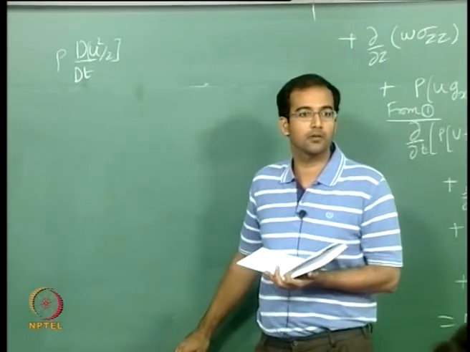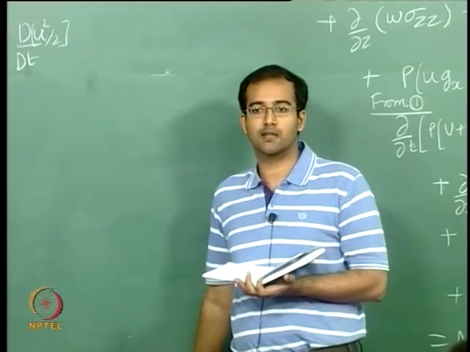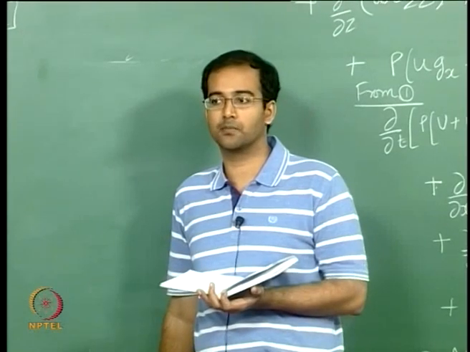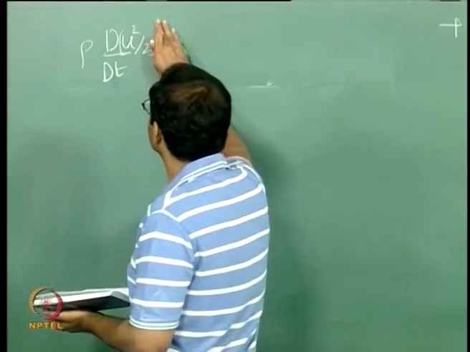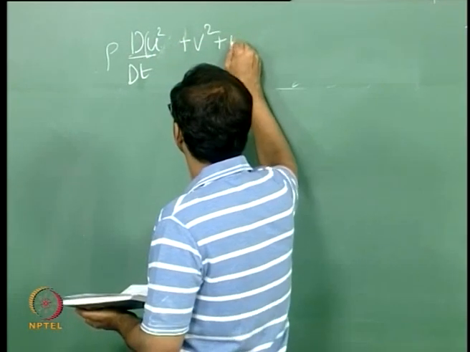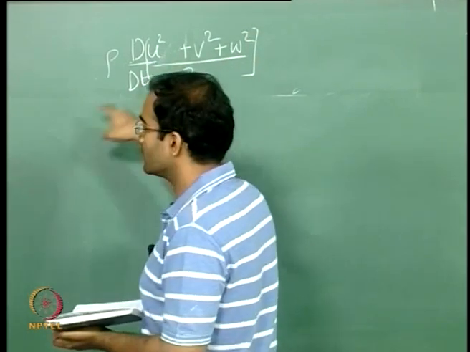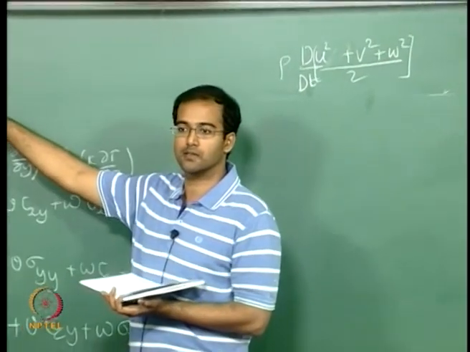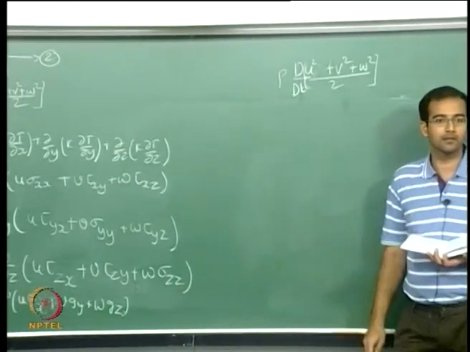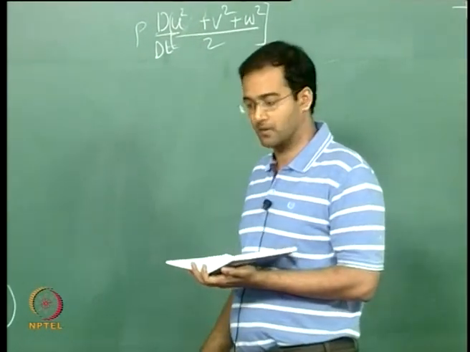This is nothing but u du by dt. The same thing we are going to do in all three directions: multiply by the respective velocities and sum them up. So what you will get is u square plus v square plus w square by 2. Now you see the left hand side term of the energy equation, so this and this are common, right? If you subtract this directly, you will eliminate kinetic energy, so you will retain only the internal energy component.